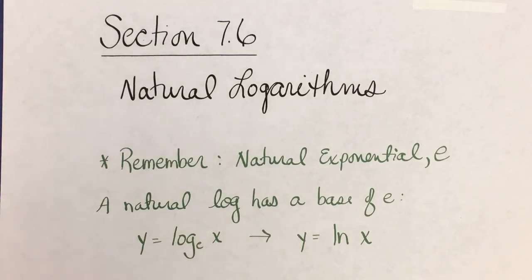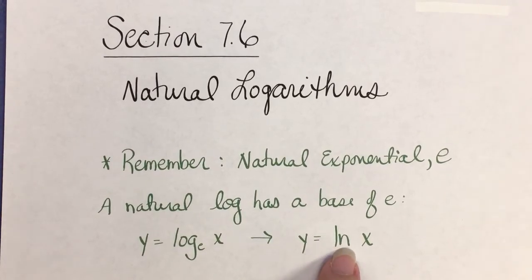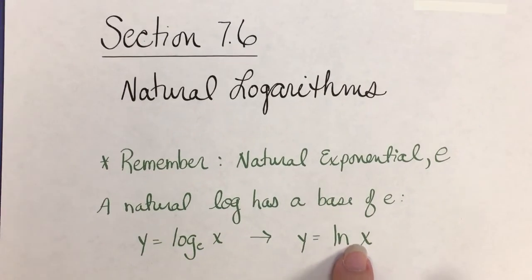But the way that you always write a natural logarithm is instead of using log, you have ln. This is a lowercase l, so ln. So your subscript here would be an understood e. Anytime that you have an ln, remember that your subscript is an understood e, okay?